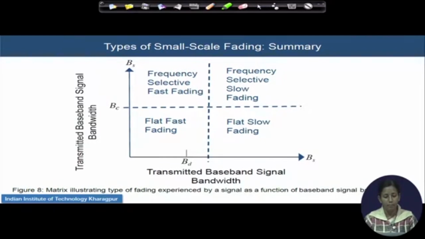Similarly, in the frequency domain, based on the transmitted baseband signal bandwidth, the Doppler spread as well as the coherence bandwidth, the same division is possible.